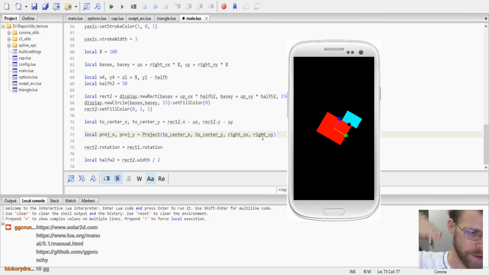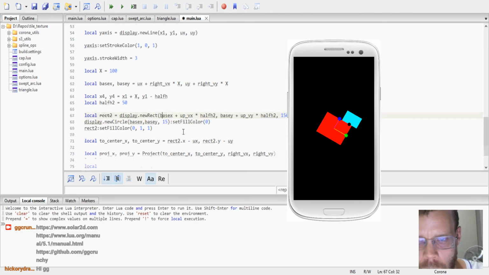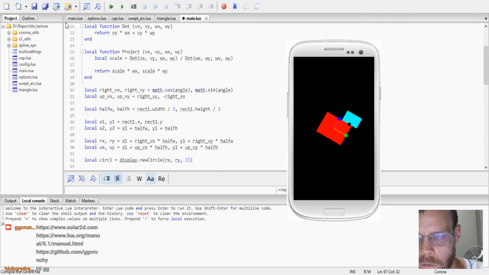And those are just the directions, so we want to add those to the base.